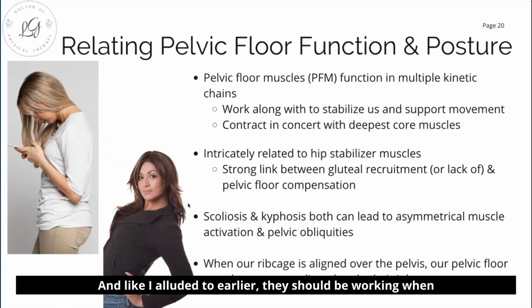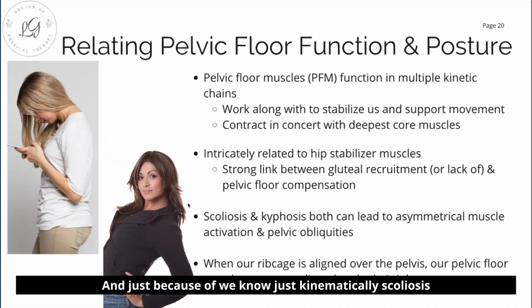And like I alluded to earlier, they should be working, when it's optimal, with the deepest core muscles to provide support. They're also related a lot to those hip stability muscles. So as Dr. Hameed alluded to earlier, there is a lot of gluteal pelvic floor connection there. When the gluteals are not working appropriately, there's a strong likelihood that the pelvic floor is probably compensating.